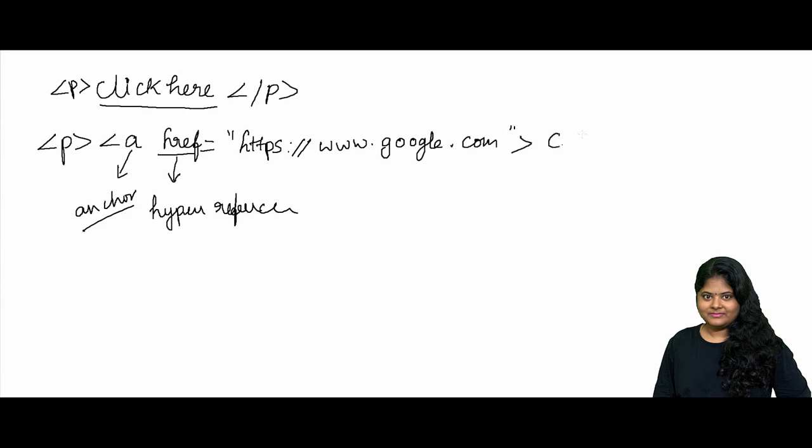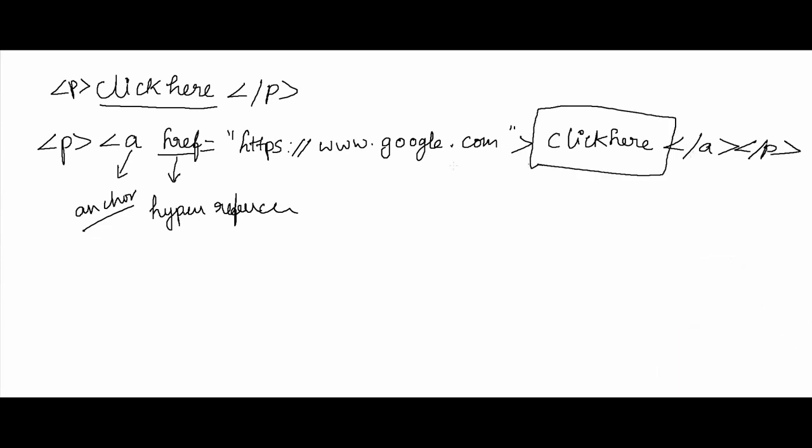Now here we want to give the "click here" text and close the a tag. After that we can close the b tag. Now this "click here" becomes an anchor or hyperlink.